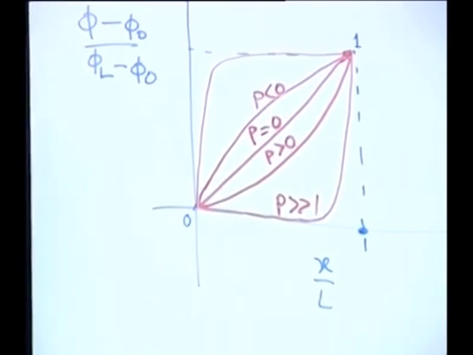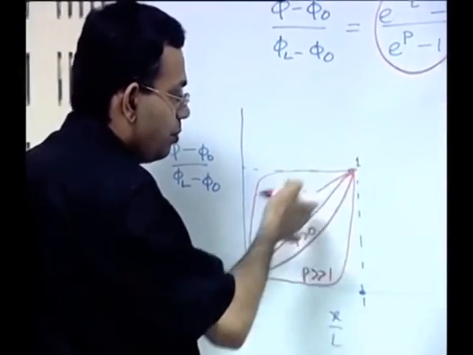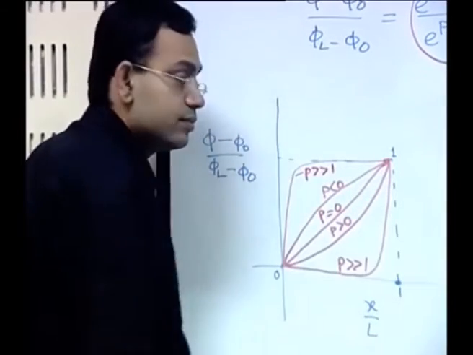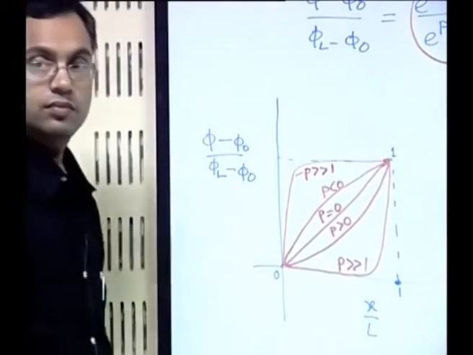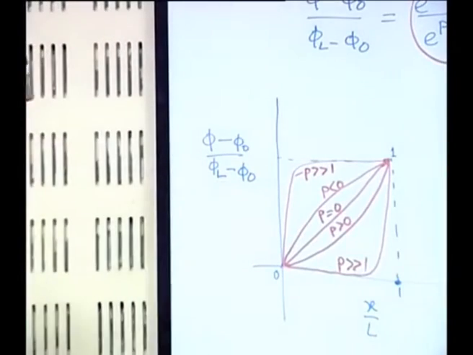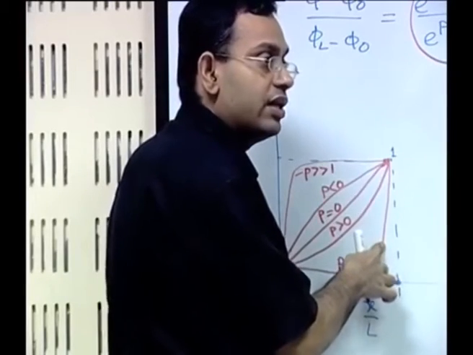So, it is effectively like a sort of image with respect to p equal to 0, this is minus p much greater than 1. The behavior here is similar to the behavior here.